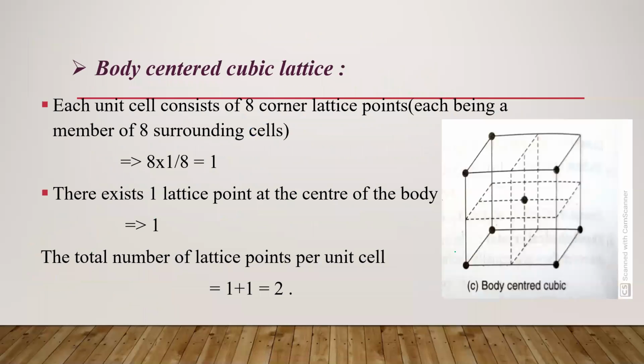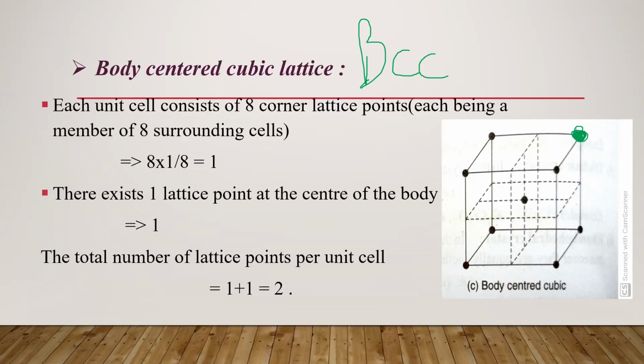Okay. Next comes body-centered cubic. So in a body-centered cubic lattice, this is BCC. In a body-centered cubic lattice, what type of things do we see here? Same as simple cubic, we have a simple cubic system. At each corner we have an atom shared among 8 surrounding unit cells.